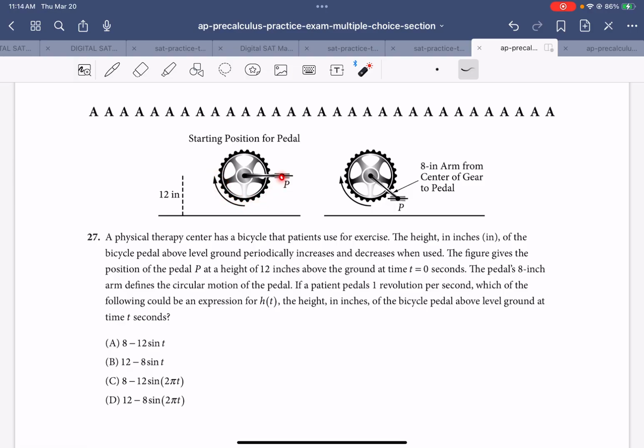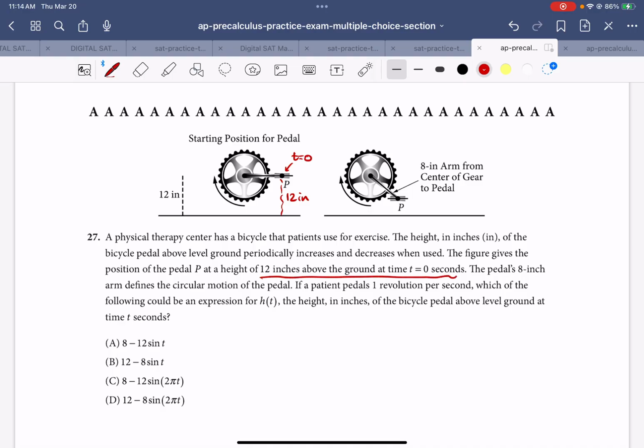Then the pedal goes up to a maximum here, so that's a periodic function. The figure gives the position of the pedal P at a height of 12 inches above the ground at t equals 0. So right here is t equals 0, and this is 12 inches above the ground. That's what the description says here.